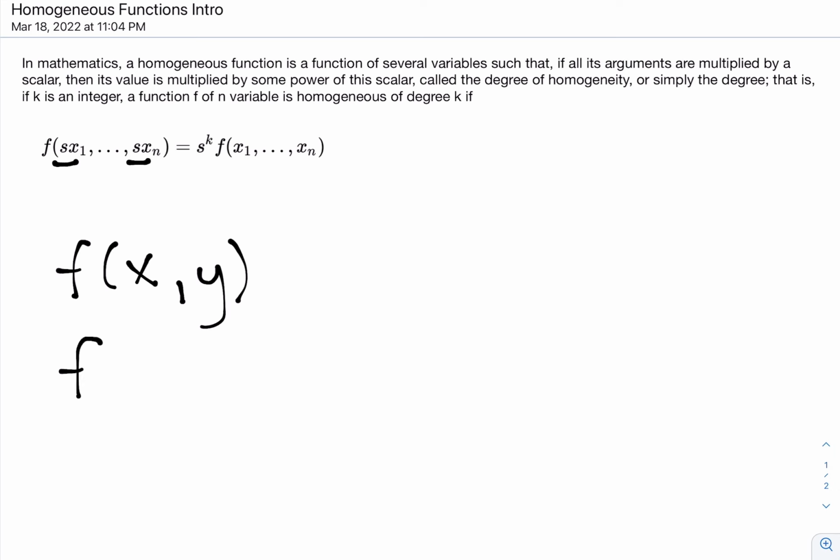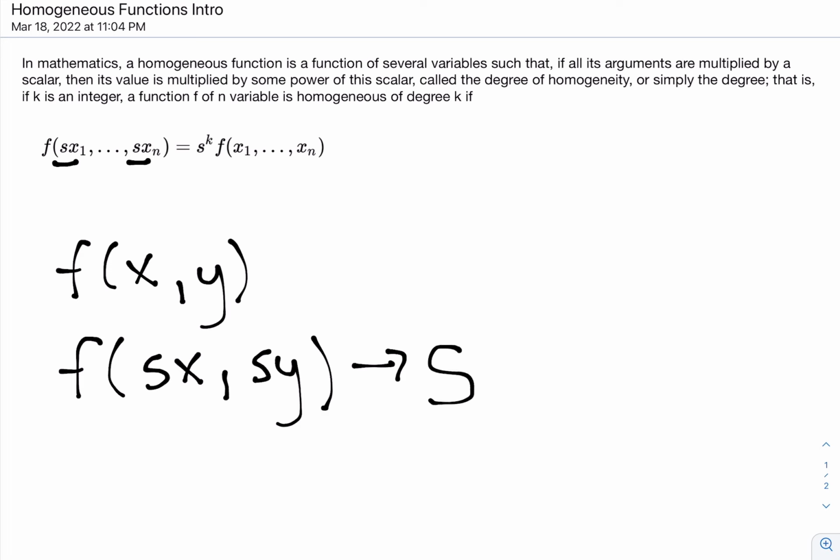So the function is now f of sx, sy. A function is considered to be homogeneous if it can be rewritten as s to the power alpha, or in this case they used k, times the original function f of x, y.